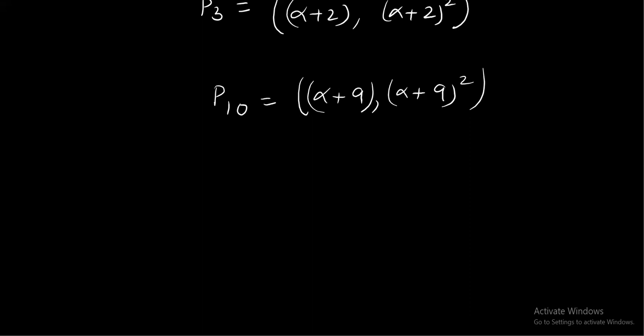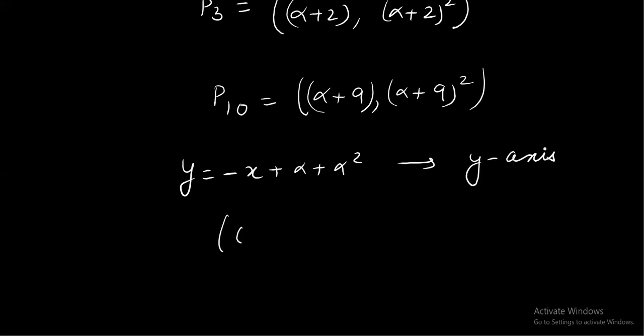So अगर मैं point alpha comma alpha square को consider करते हुए line ले रही हूँ, this was the line that I got. Solving it with y-axis will give me the point as x coordinate 0, while the y coordinate will be alpha into alpha plus 1, right? Or you can say alpha plus alpha square.